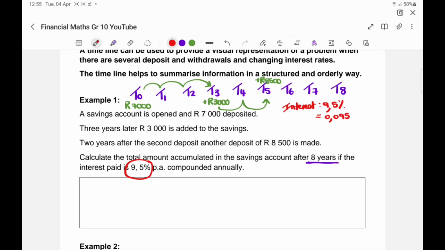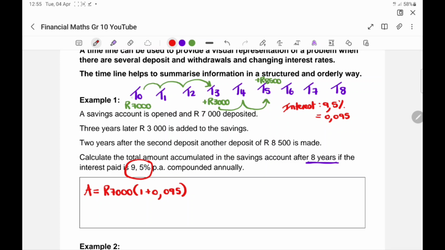This helps you to create the sum and how to draw it up. So the future amount will be, we started off with 7,000 Rand. Now that 7,000 Rand was invested at 0.095, and that was there for the whole term, for the whole investment period.